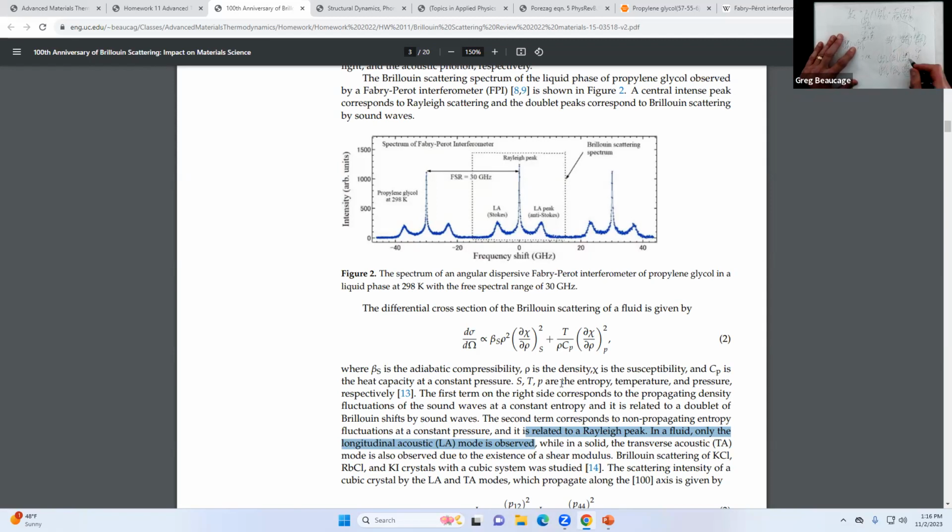So this guy is the same thing. It's 1 over that guy, dV/dP at S. So that's 1 over beta S. So this term has the 1 over beta S, and this term has a CP. So you have beta S and 1 over CP. So it's kind of related to this dH/dT.